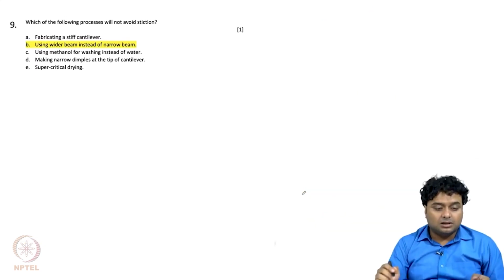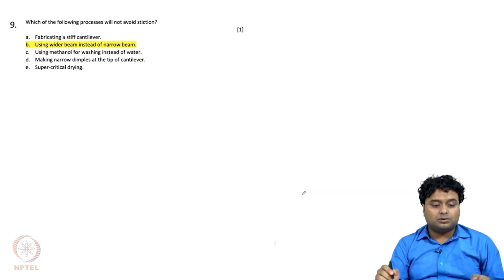The next question is, which of the following process will not avoid friction? Fabricating a stiff cantilever, using wider beam, using methanol. So methanol definitely avoids friction, then making narrow dimples also will avoid friction.